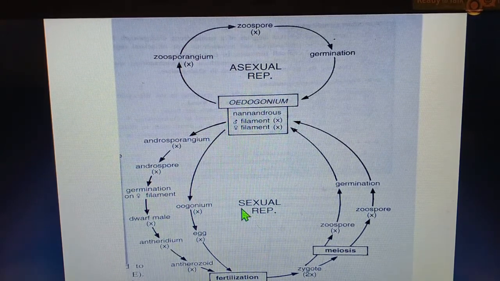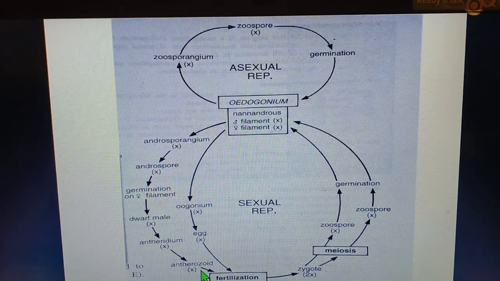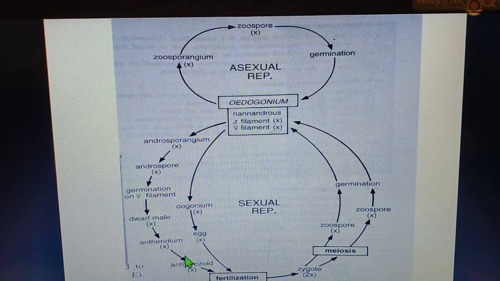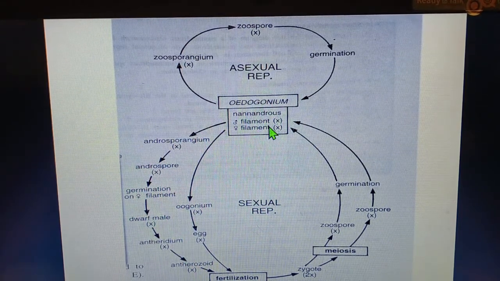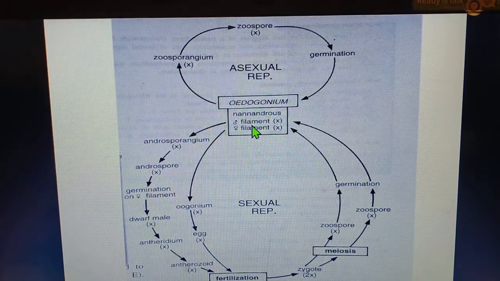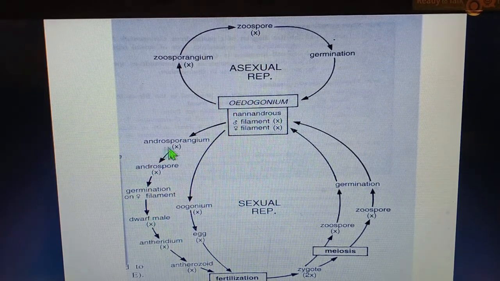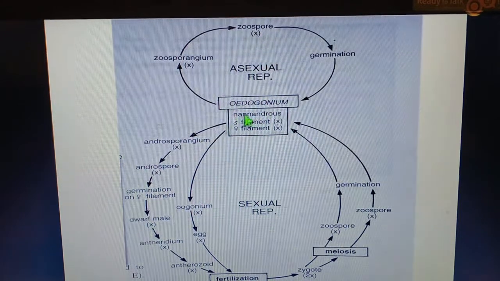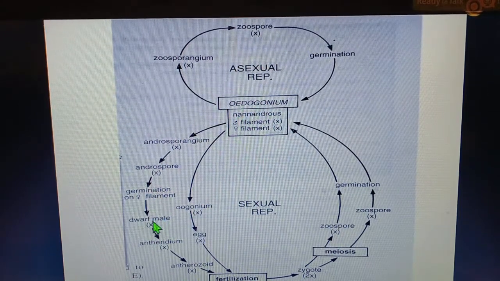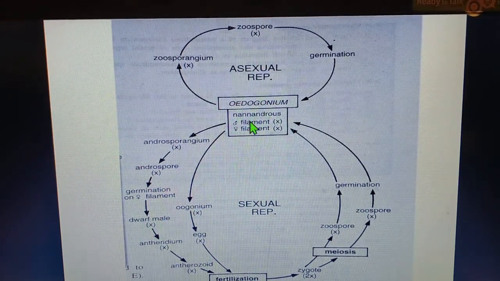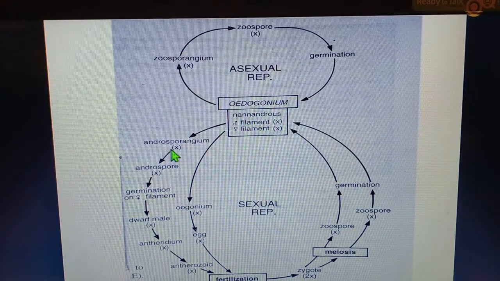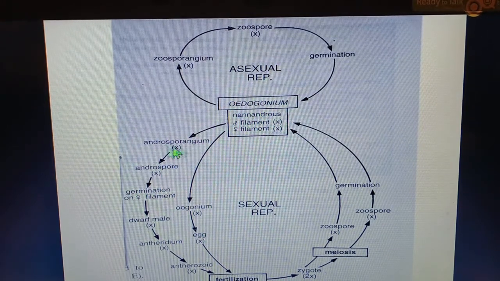And during sexual reproduction, it's the same thing as in the case of Macrandrous species, where the male filament will give rise first to the androsporangium. Remember, in case of Nannandrous, because we have a dwarf male, first it will not give rise directly to the Antheridium. Just remember this.